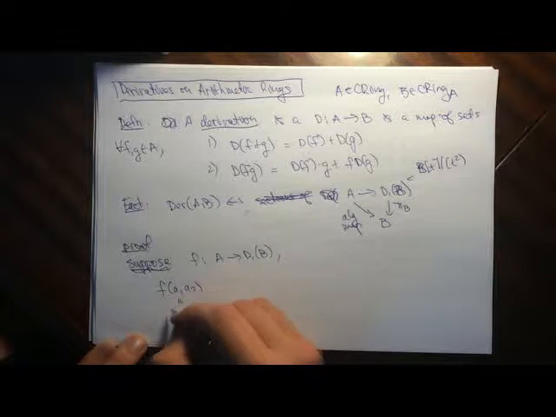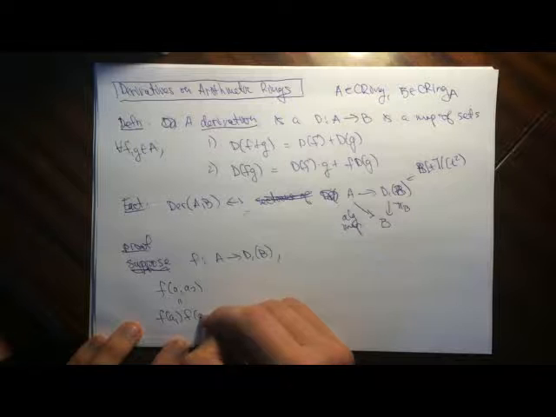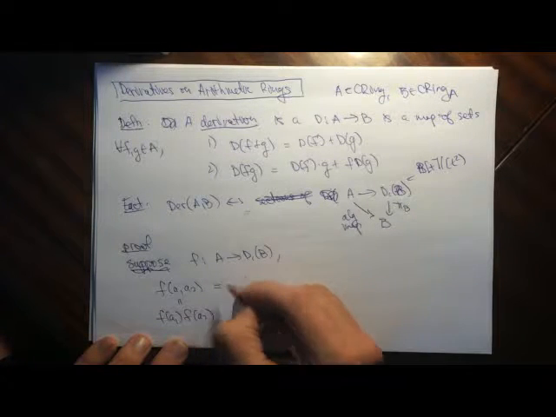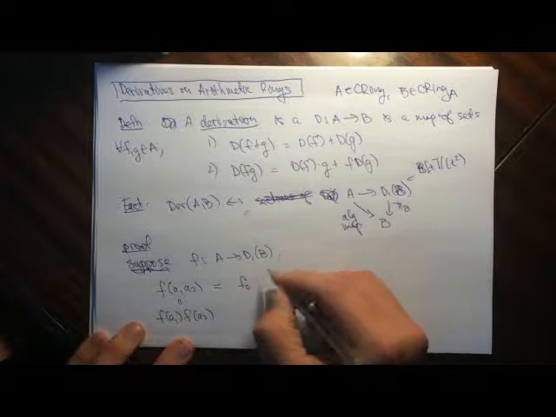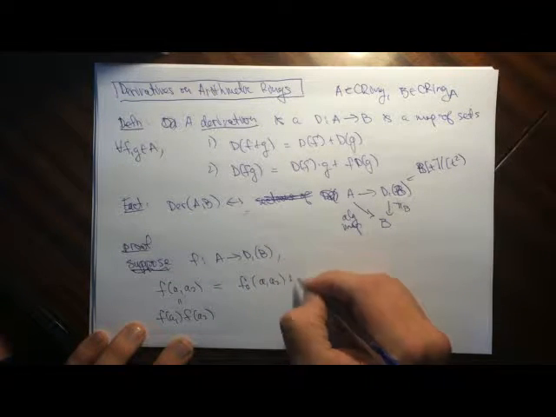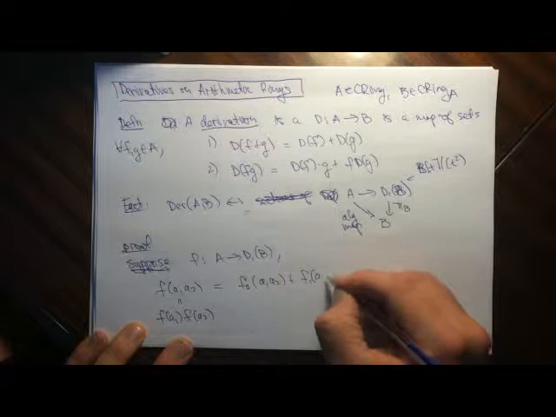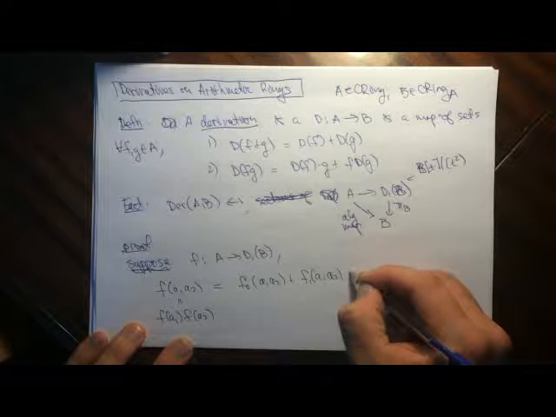On one hand, it's f of a1 times f of a2. And each f we can break down into two pieces: the piece in front of the epsilon, or the t in this case, and the piece that's not in front of it.